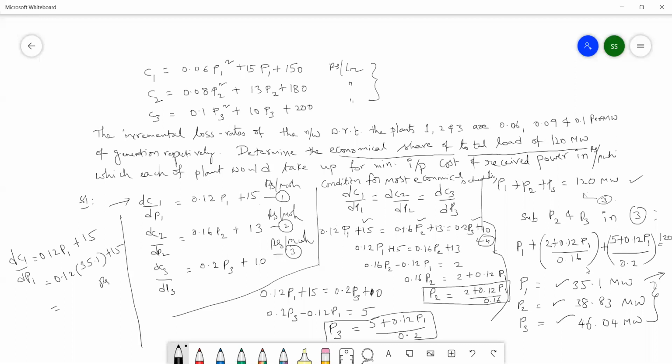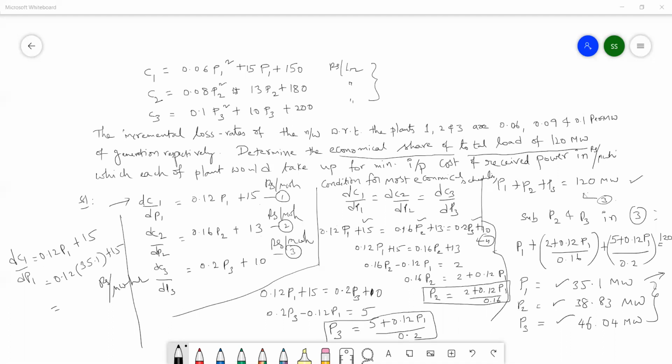That is your answer in rupees per megawatt hour. Now calculate dC1 by dP1.